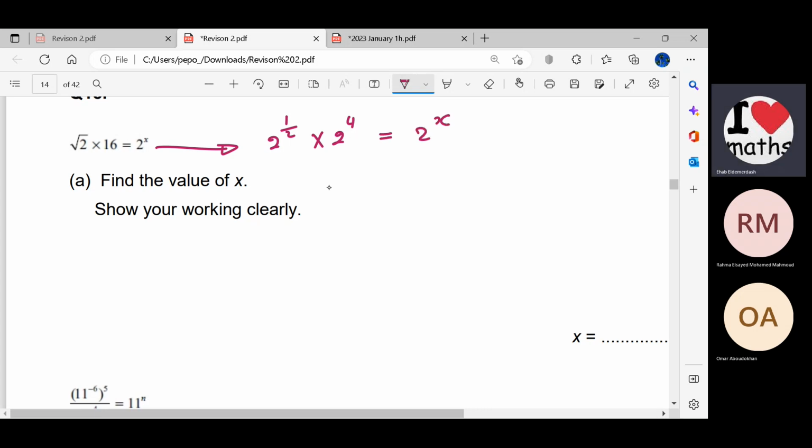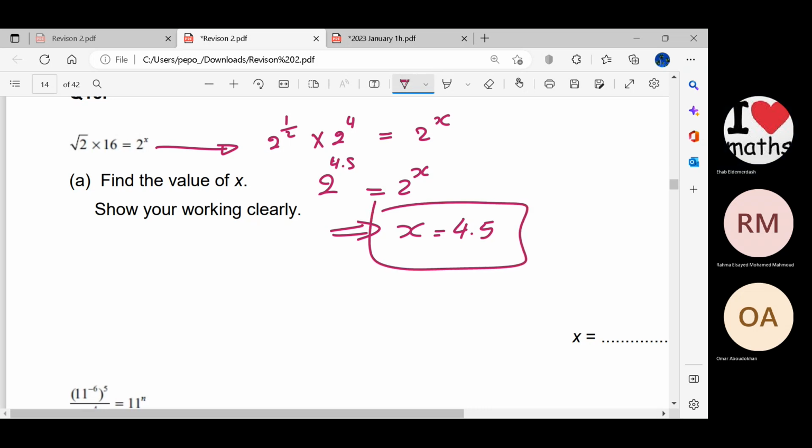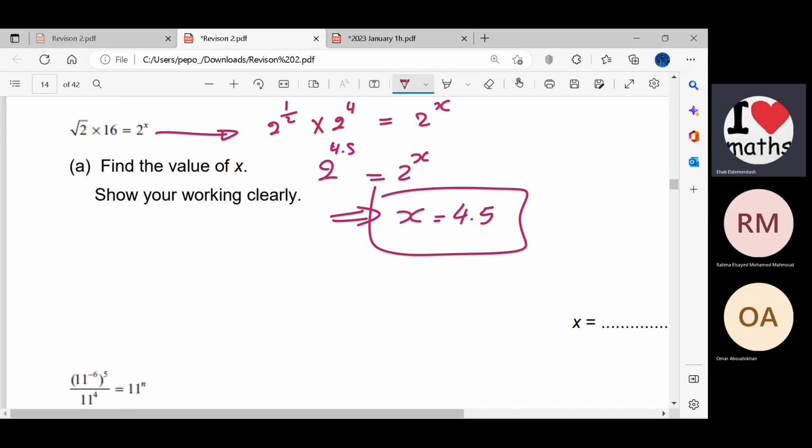This is equal to 2 power x. So 2 to the power of 4.5 is equal to 2 power x, and this will give me x equal to 4.5. I'm just putting the value.